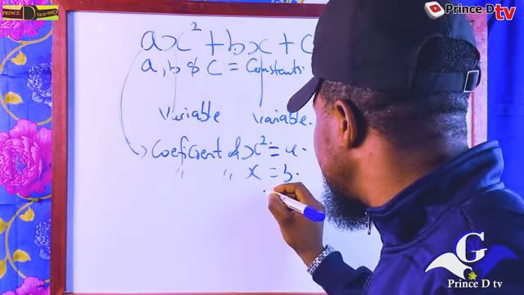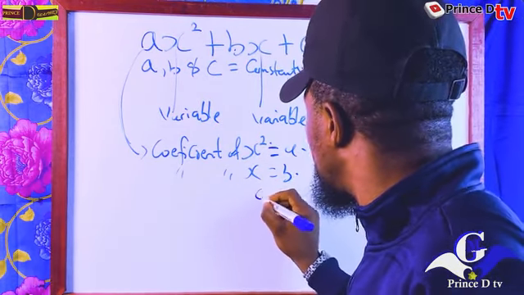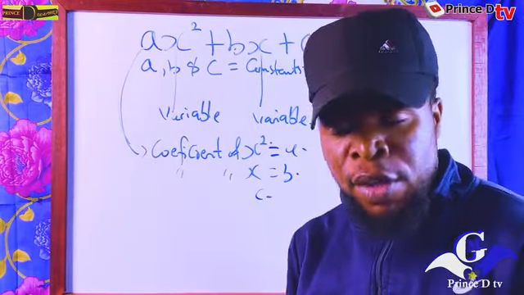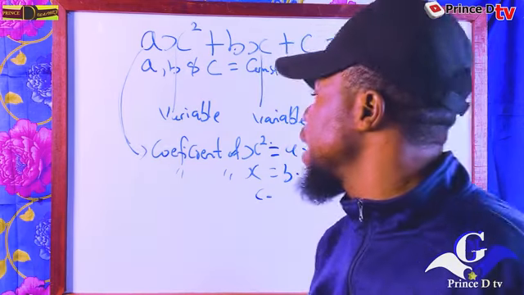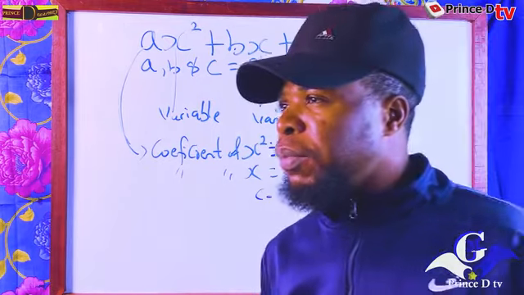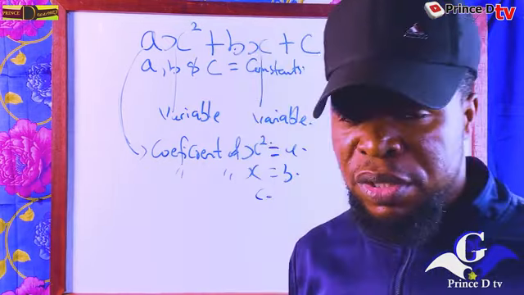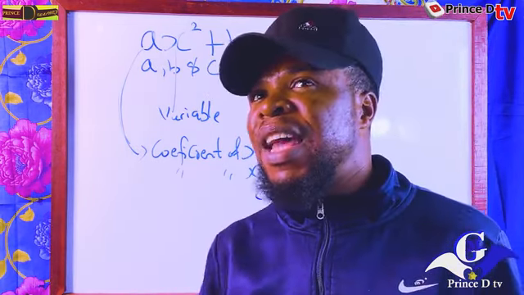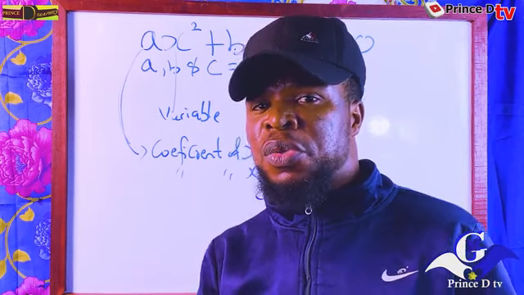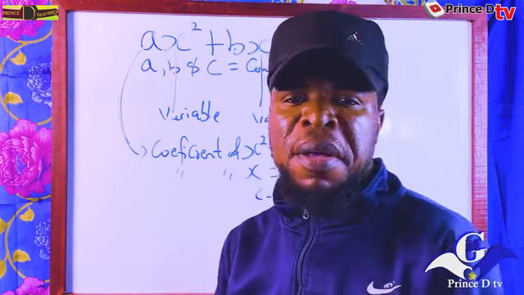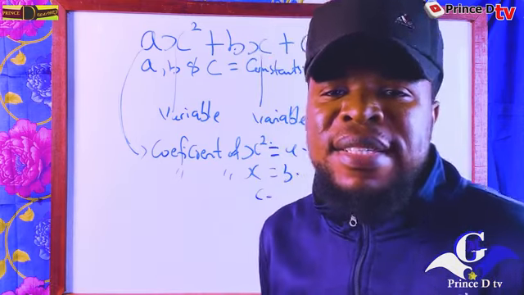It is just c. So c is just that constant, standing entirely on its own. So those are the main highlights. For example, let's take an example of some quadratic equations and see how we can identify the coefficient of x squared, the coefficient of x, and the constant c.